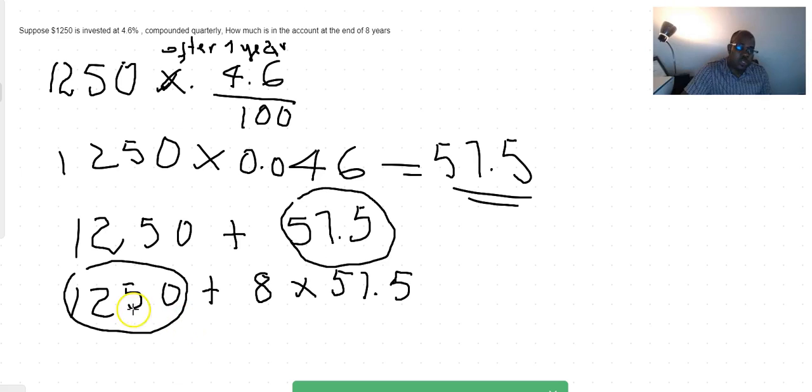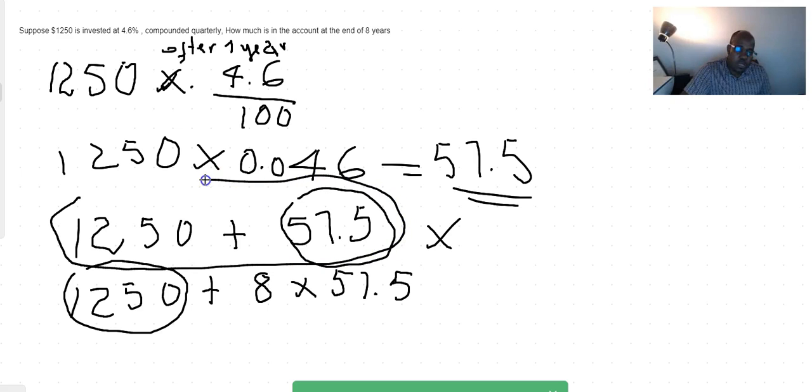I'm gonna have 1,250 plus the interest one more time, if I capitalize it every year. Let's say I didn't take the money, I just left it with the interest. This is what I got after 1 year.